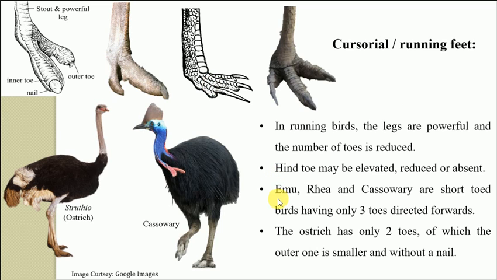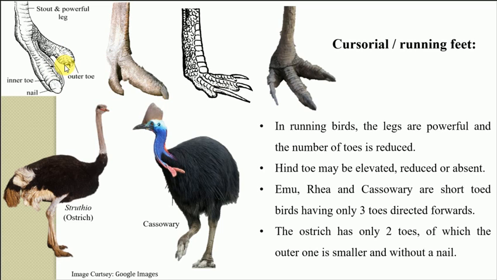Then the bustards, coursers, and ratites such as the emu, rhea, and cassowary are short toe birds having only 3 toes. Here in this diagram you can see the 3 toes are present and all these 3 toes are directed forwards. But in the case of the ostrich, you will find only 2 toes.